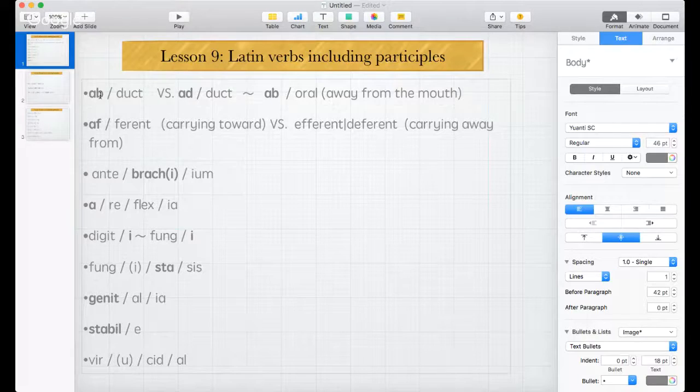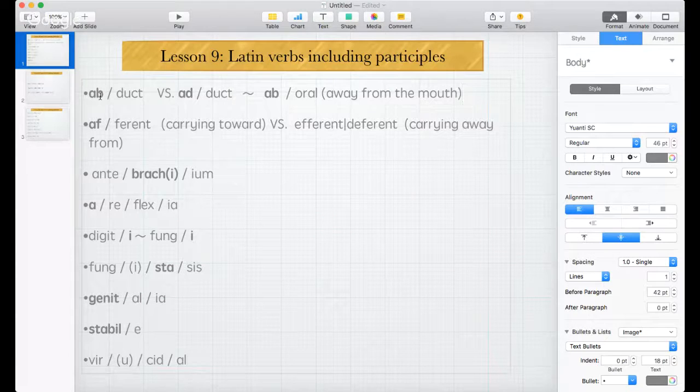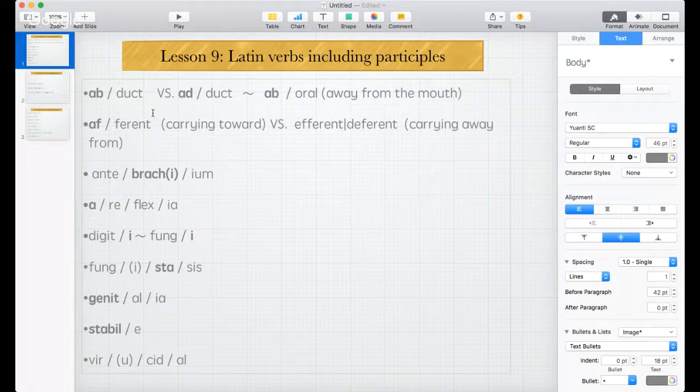And then notice, of course, you do need to be really careful when you are breaking down these words, because as you can see, one letter makes a big difference about which word you're looking at. Another word that was on the homework was afferent, which means carrying toward.